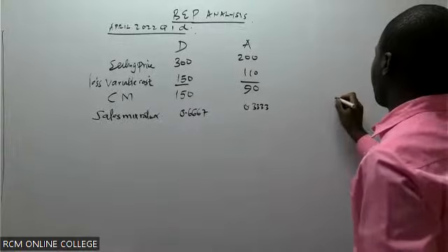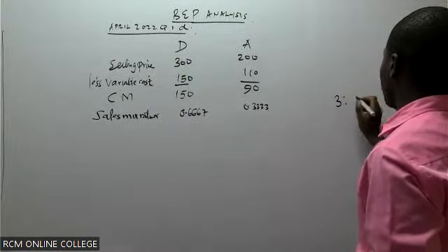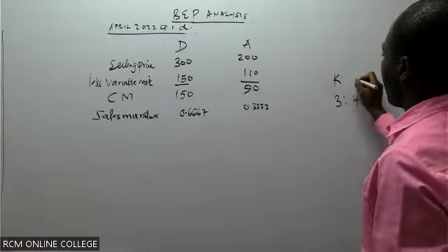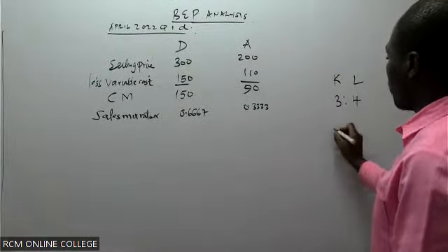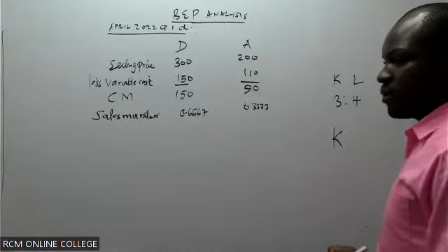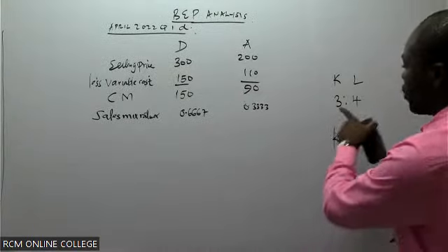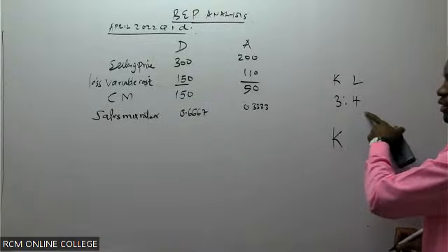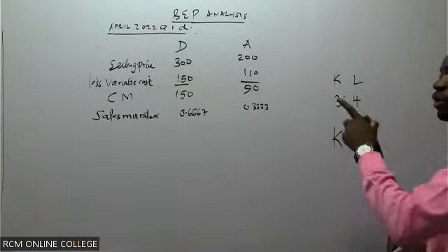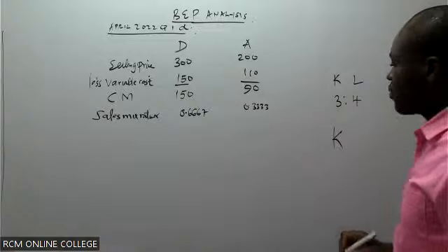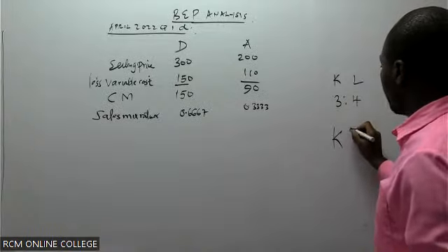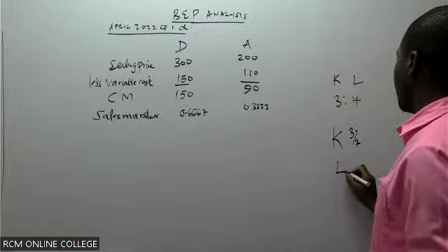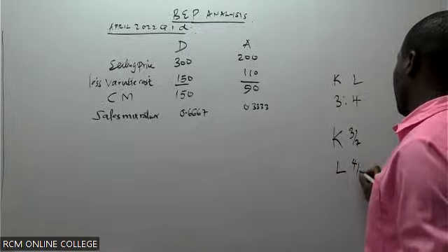I have a ratio of 3 is to 4, and I have product K, L. Are you able to give me the proportion that K will be having? So you first of all add these figures. 3 plus 4 will be giving you 7. Is it? So K will be 3 over total. L will be 4 over the total.